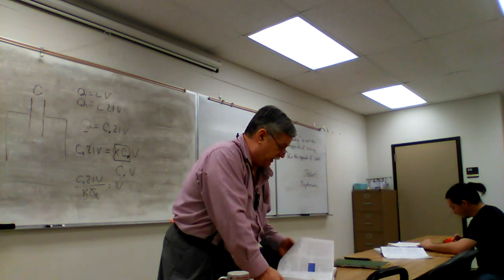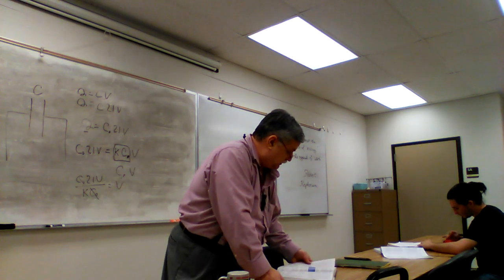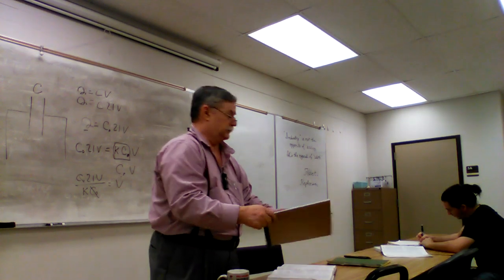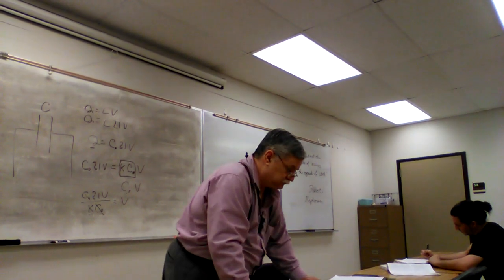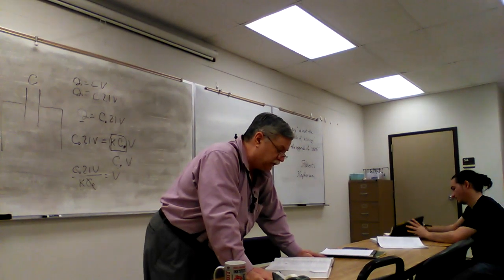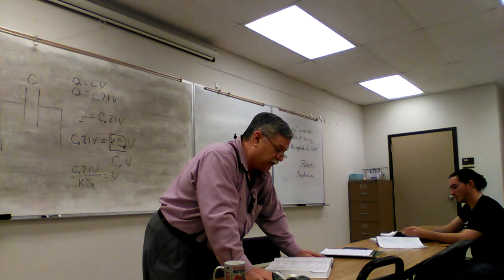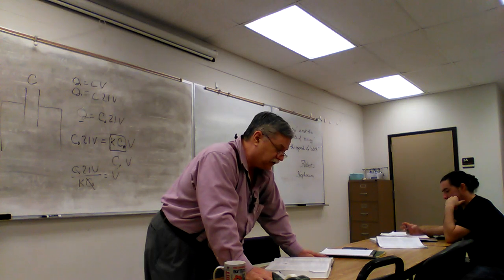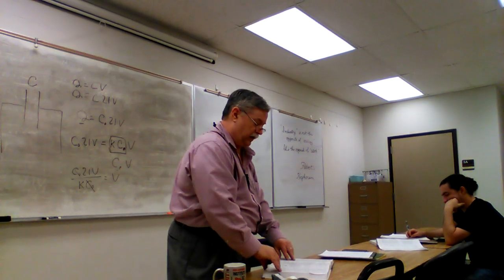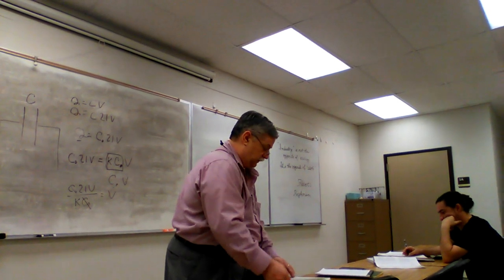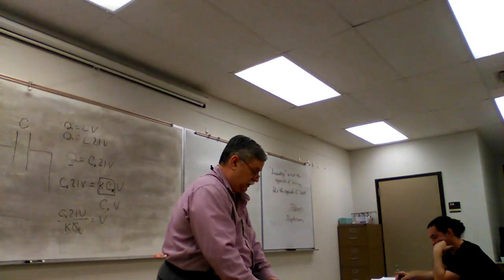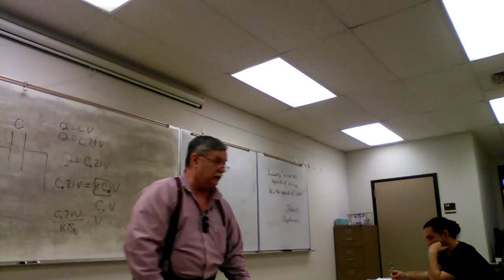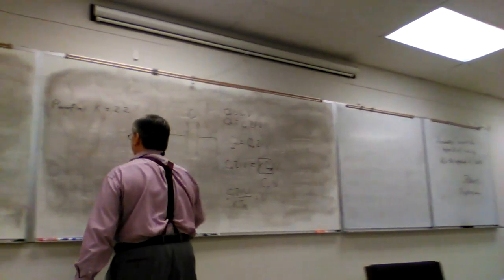38 and 55. A 0.2 farad capacitor is desired. What area must the plates have if they are to be separated by a 3.2 millimeter air gap? Okay, well, let's see. Where's our equation for capacitance? It's epsilon sub naught times area divided by distance, or gap.